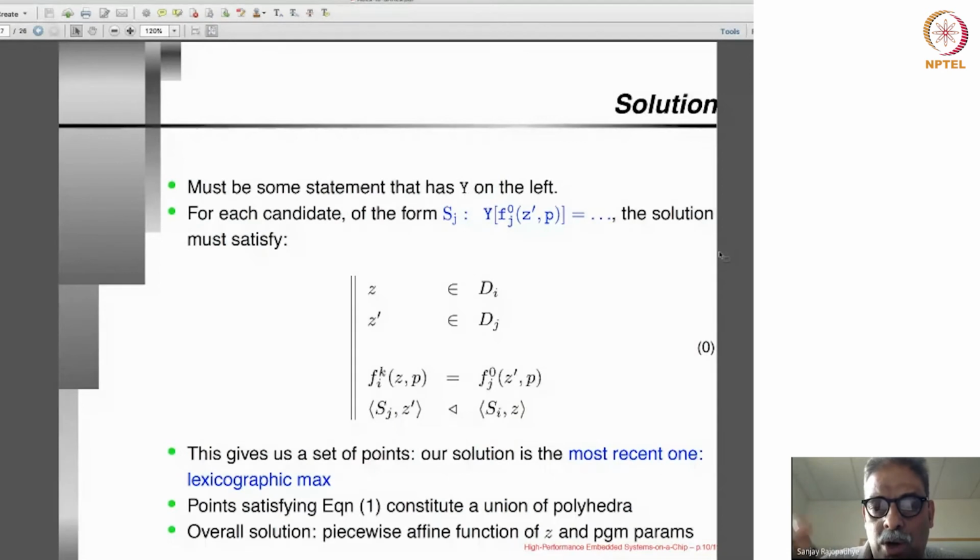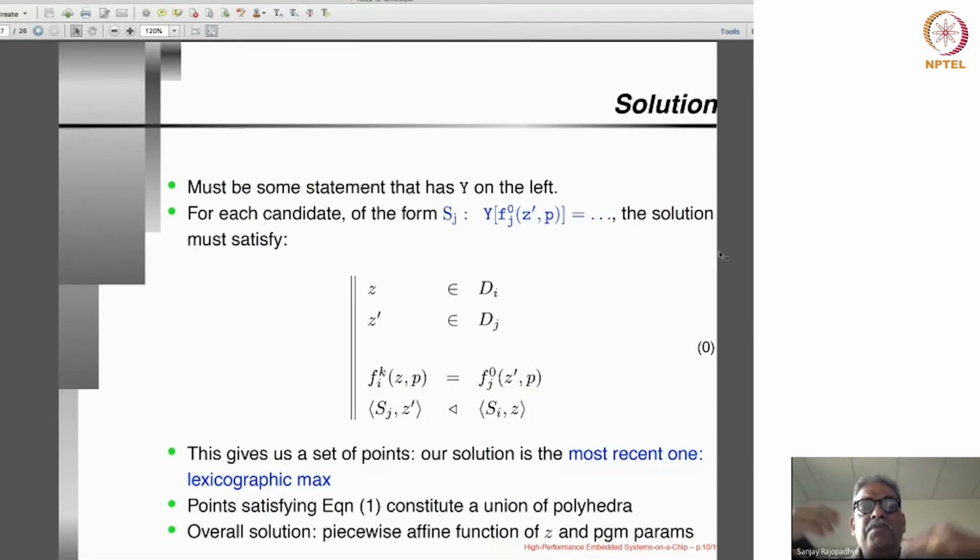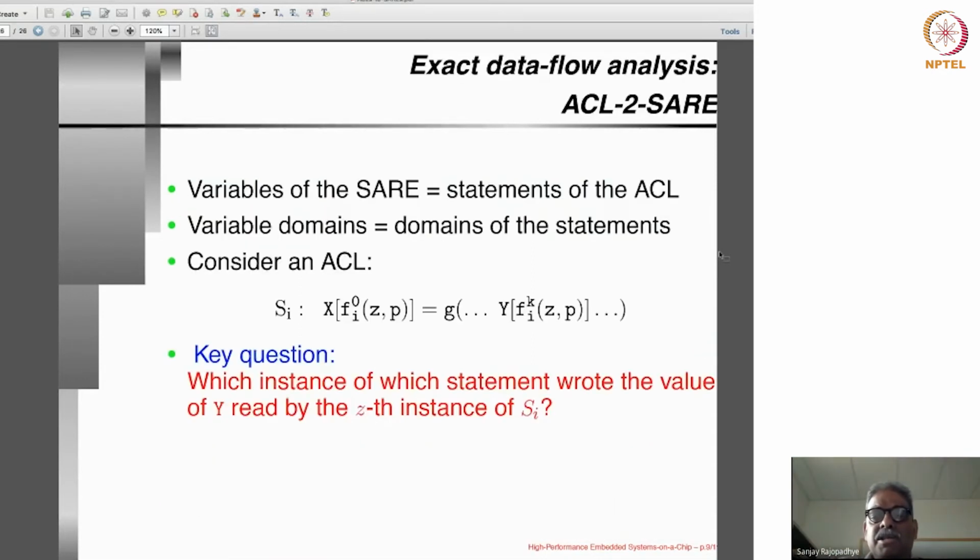The answer to this question, which instance or which statement wrote the value of Y being read by the zth instance, and look, I'm doing this analysis for every reference on the right-hand side. Well, the first thing is that it must be some statement in my program that has the variable y on the left-hand side. If it doesn't write to y, assuming that there is no aliasing of array variables, then that statement cannot be my producer.